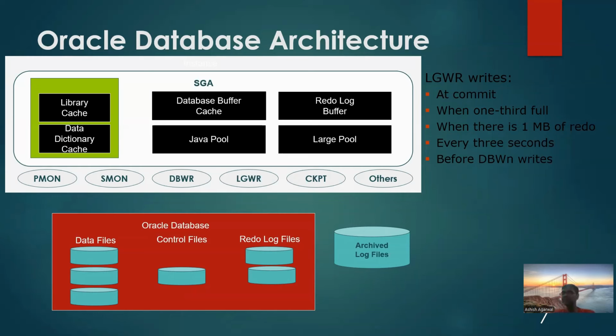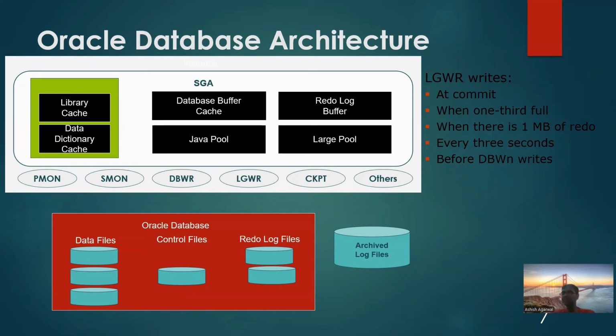Then under the Oracle database, you have files like data files. Data files are the files which contain the actual data. For example, you are in Toad or SQL Developer and you type select star from employee. You get the information on your screen, right? That information comes from the data file. Remember, data files contain only the committed transactions.